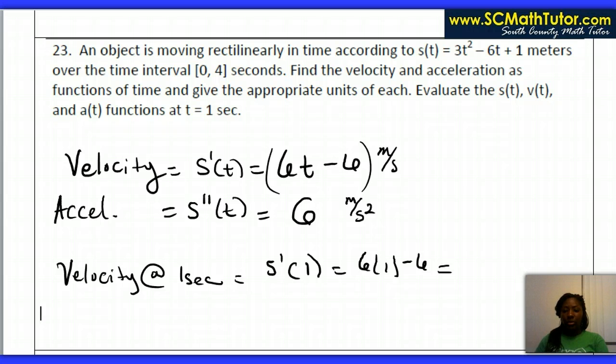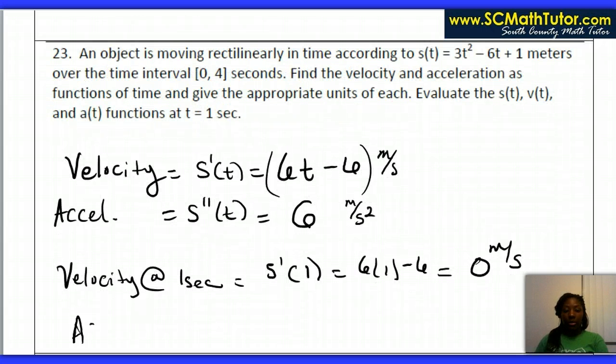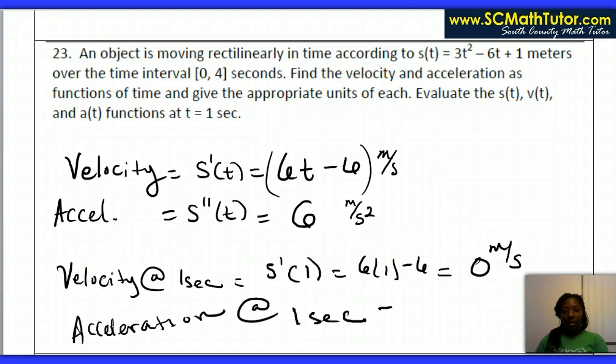So there's no change at 1 second. So this is going to be 6 minus 6, which is 0 meters per second. And the acceleration at 1 second is 6 meters per second squared.